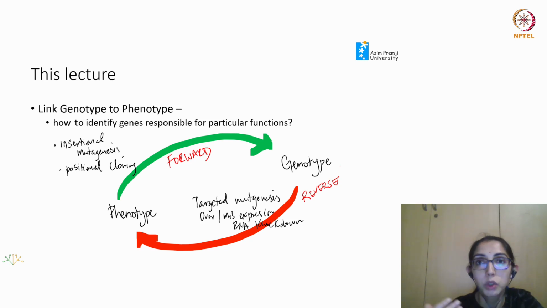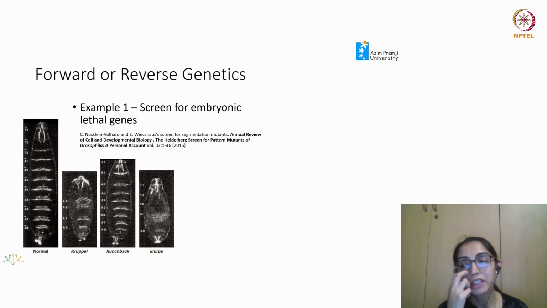So you already know the location on the chromosome in the DNA code that you want to target, and then you target that gene, perhaps introduce a mutation or overexpress that gene or knock it down using RNAi, and then try to identify that phenotype that emerges. And once you see that there's a change in phenotype, you can then link what the genotype is to the phenotype.